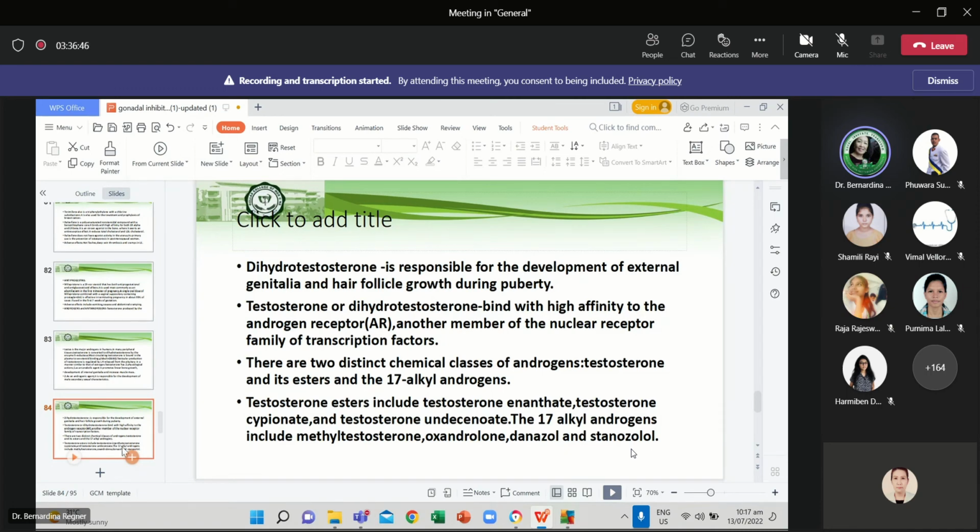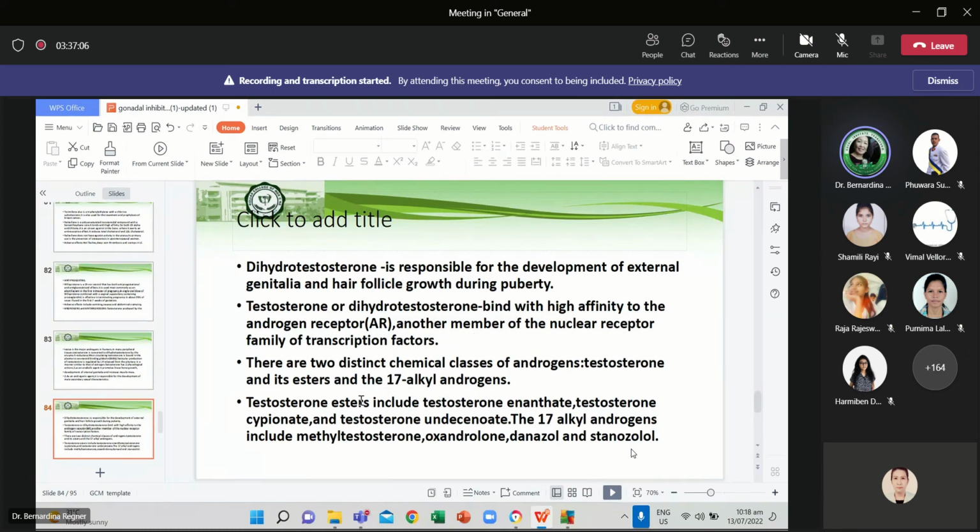Testosterone or dihydrotestosterone will bind with high affinity to the androgen receptor or AR, which is another member of the nuclear receptor family of transcription factors. There are two distinct chemical classes of androgens: testosterone and its esters, and the 17-alkyl androgens.